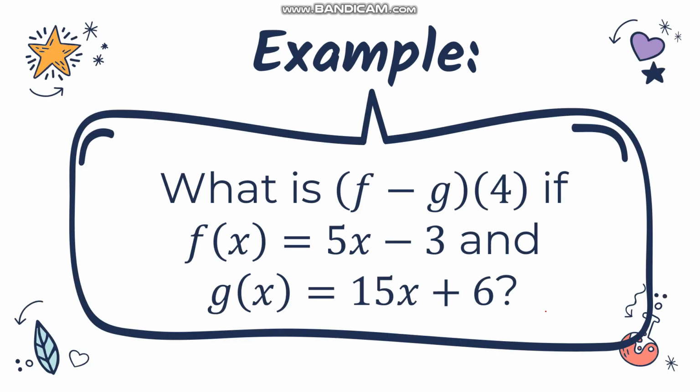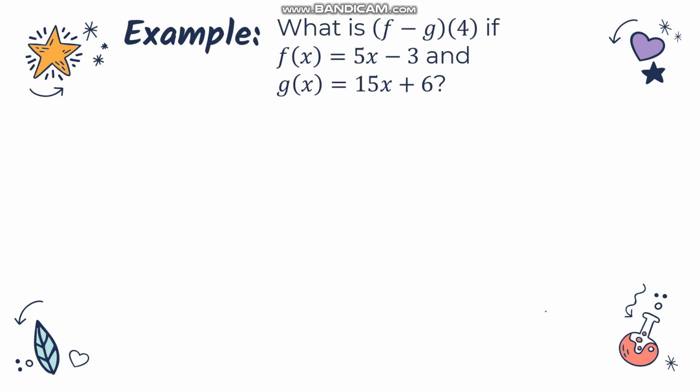So example, what is f minus g of 4 if f of x equals 5x minus 3 and g of x equals 15x plus 6? Okay, now that we have a value that we need to use to evaluate, you can also apply here the concept that we did with addition.